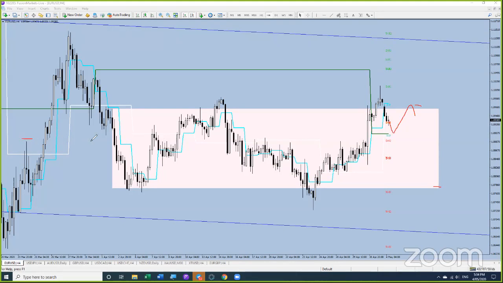You can see that it's been resistance all the way across here, and it's pretty close to the monthly pivot. So it's logically going to be the case that we'll go to there. The other way to look at this, of course, is an untested daily pivot, such as we have, is unusual. So always I'm looking for that to occur.